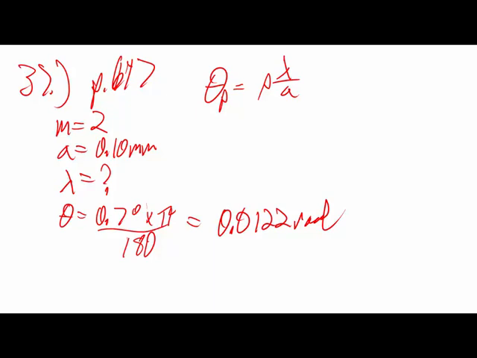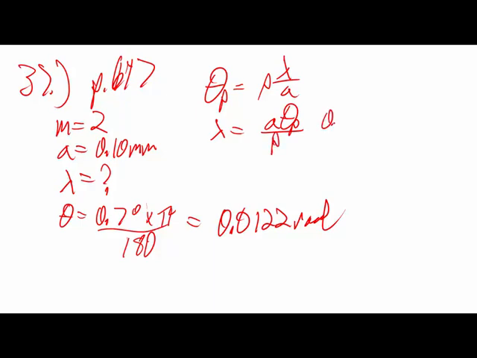Or no, wait a minute. We want to find the wavelength. So then we rewrite the equation. The wavelength is equal to, we just solve for the wavelength. You always need to do this too. So it's a times theta over p.